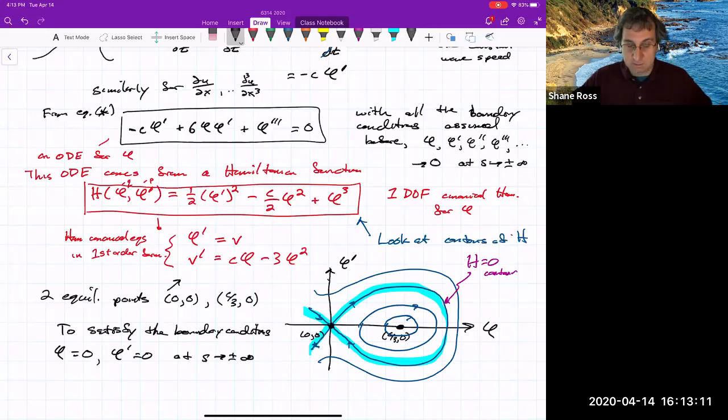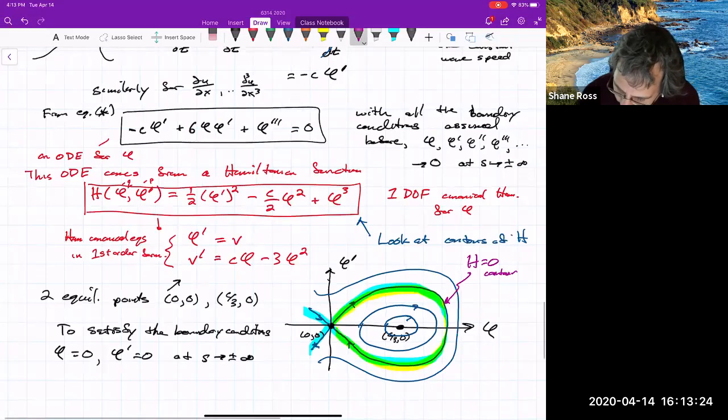Nothing is happening. So it'd be like a wave of no height, doing nothing. Or this trajectory. If you start anywhere along here, then going backward in time, you'll stay on here and you will asymptotically approach the origin, as s goes to negative infinity. And if you go forward, then you're approaching the origin as s goes to positive infinity.